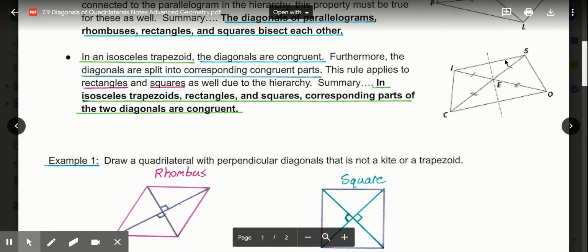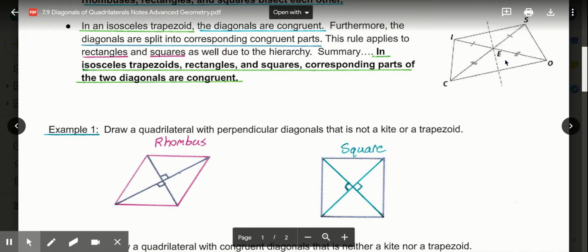And then our last summary bullet point is looking at an isosceles trapezoid. In an isosceles trapezoid, we know the diagonals are congruent. Furthermore, the diagonals are split into corresponding congruent parts. This rule applies to rectangles and squares as well, because they are below an isosceles trapezoid in the hierarchy.